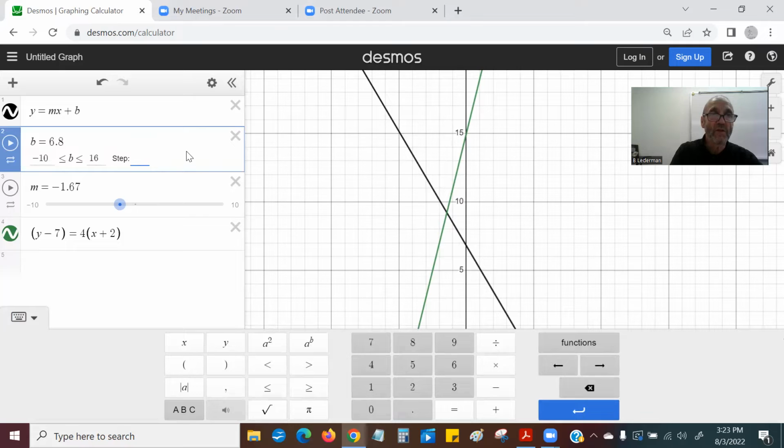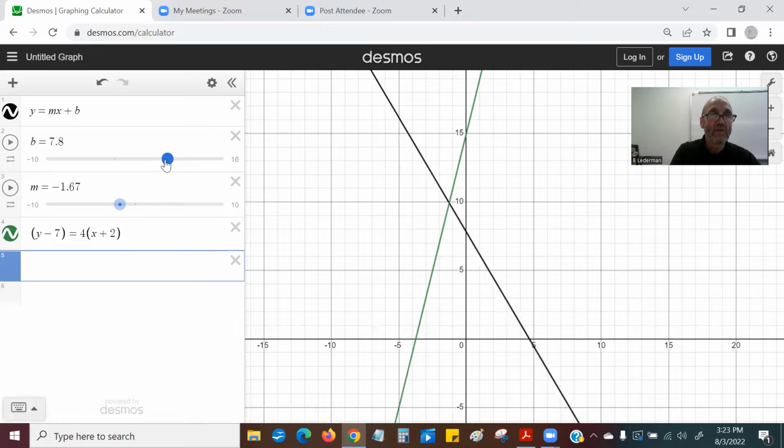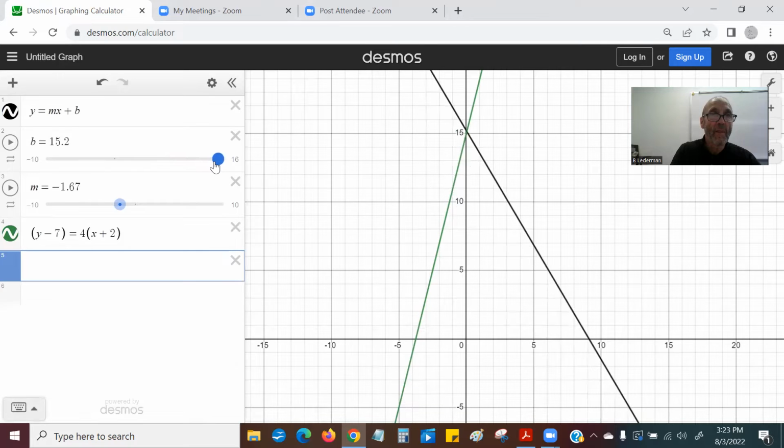So I'm just going to let b equal 15. So here we go. So b is going to equal 15. Look at that, it hits it right there.